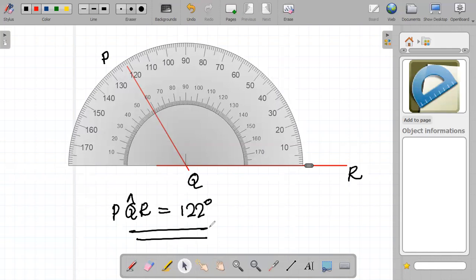Don't take 130. Why should we not take 130? Because the zero of that 130 scale is placed on the other side, not on our angle, right? The reason for not taking 130 is that the zero of the outer scale is not placed on our arm.